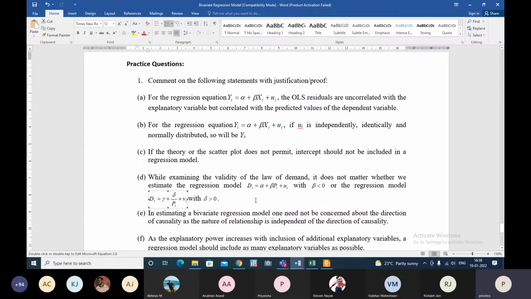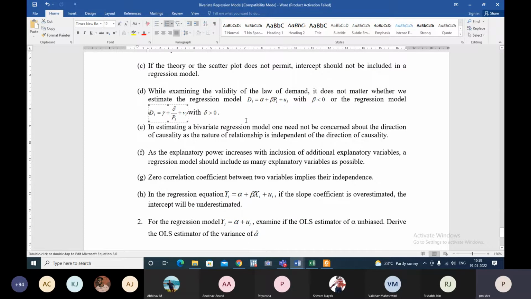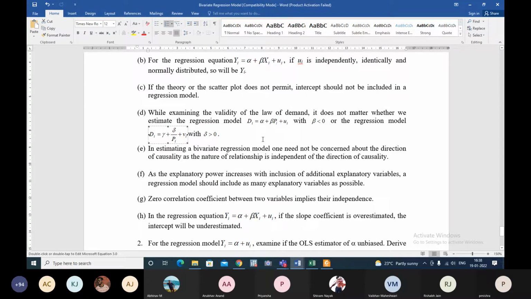Now, there are similar questions here. You can try to write down the answers, so that when we have this theory class on Monday next week, we can have some sample answers to be presented by some of you.